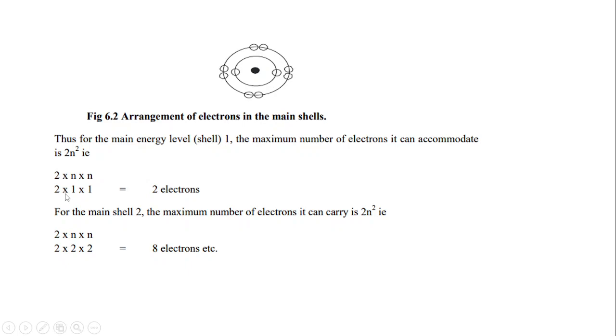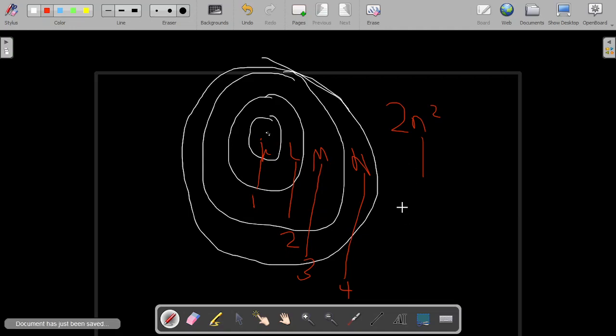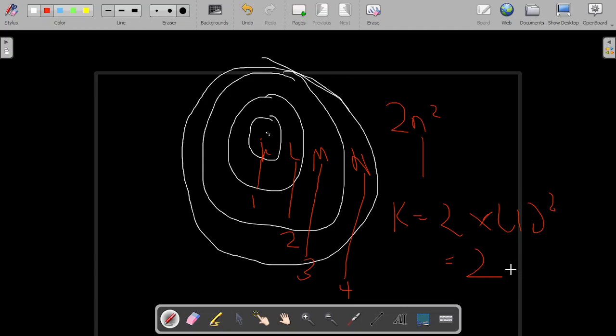For the K shell, which contains 1 energy level, the maximum number of electrons is 2 times 1 squared, which is 2 times 1, which is 2. For the L shell, we have 2n squared, 2 times 2 squared. 2 squared is 4, and 2 times 4 is 8.